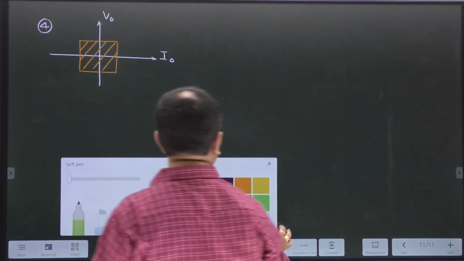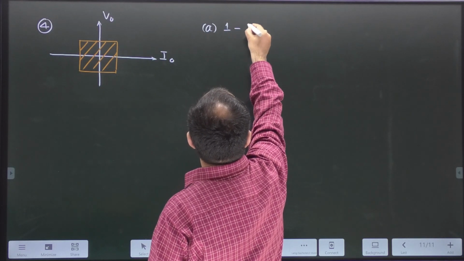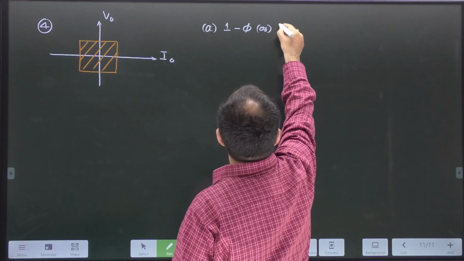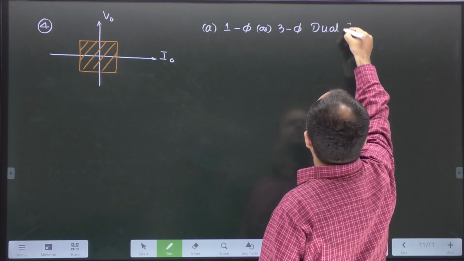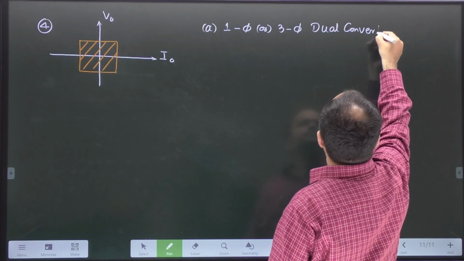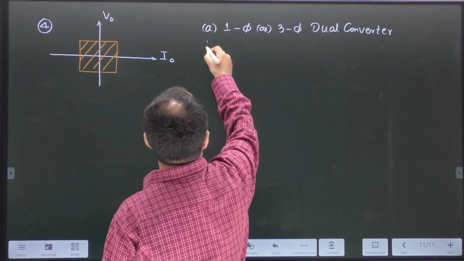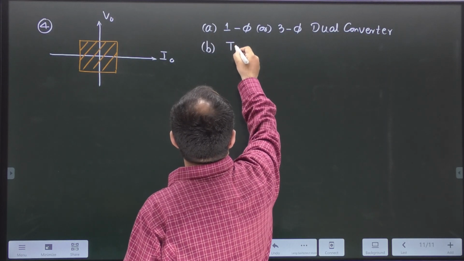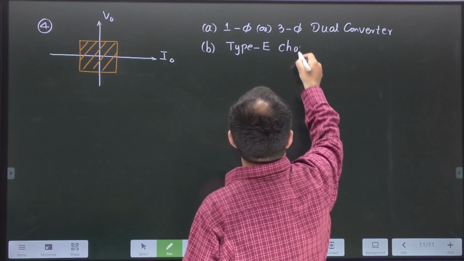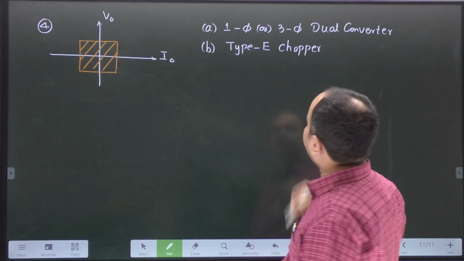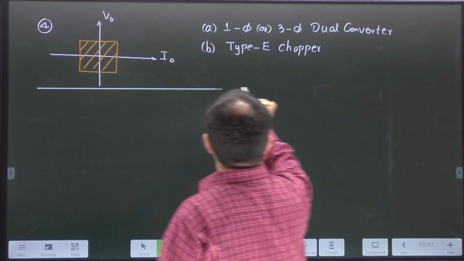Okay, so four quadrant operation can be possible by using single phase or three phase dual converter. And from the chopper circuits, by using type E chopper, we can have this type of applications.